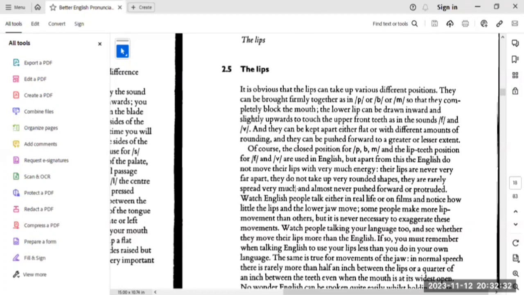If we think about f and v alone, from where can we make these sounds? From which place? From the lower lip. The lower lip, meaning we put the edges of the teeth with the upper teeth. Yes, good. So parts of the teeth with parts of the lips, right?